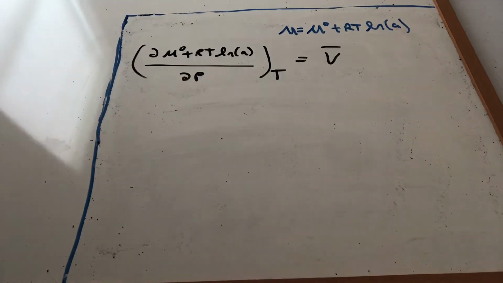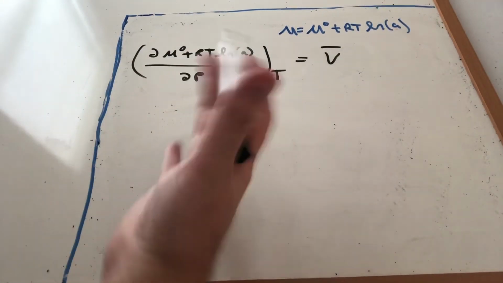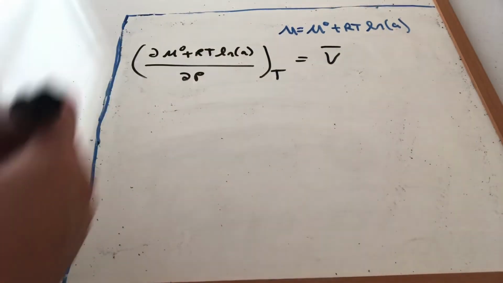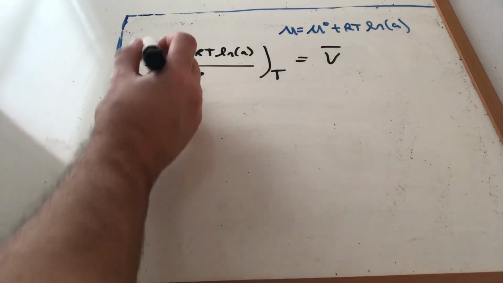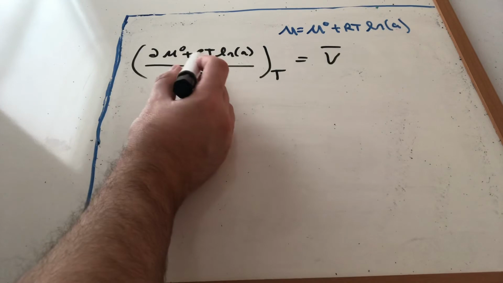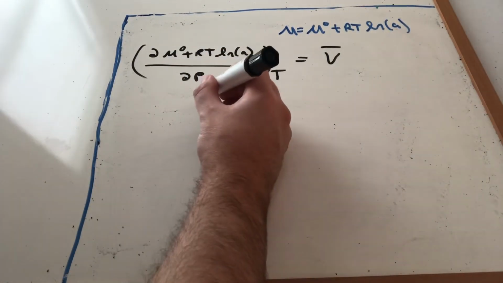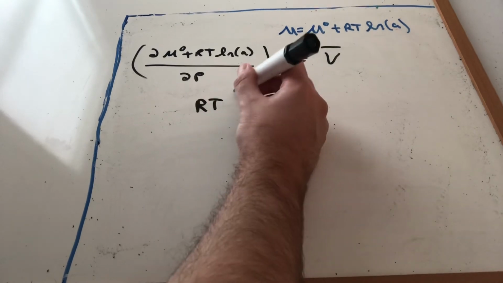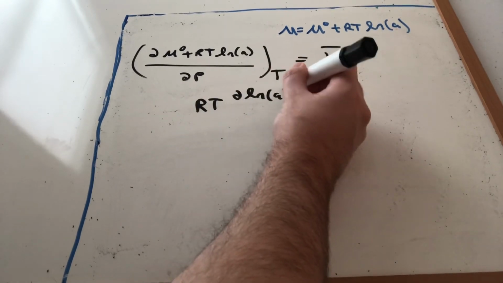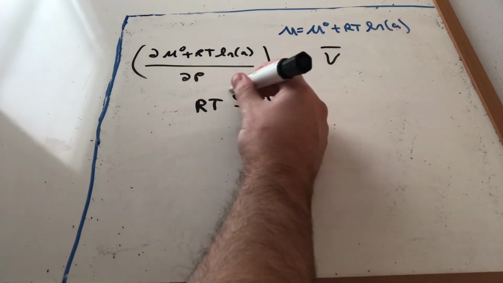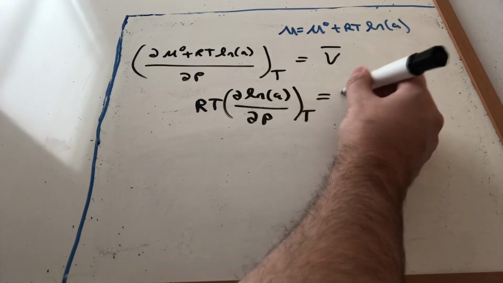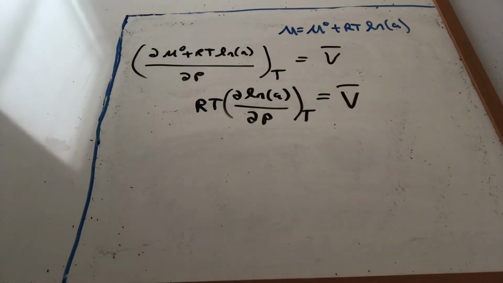Mu naught is just a number at standard conditions, so when I take the derivative with respect to pressure, it goes to 0. R and T are constant for this partial derivative, so they're brought out front. So we get RT times the partial of natural log of A with respect to P at constant temperature is equal to the molar volume.